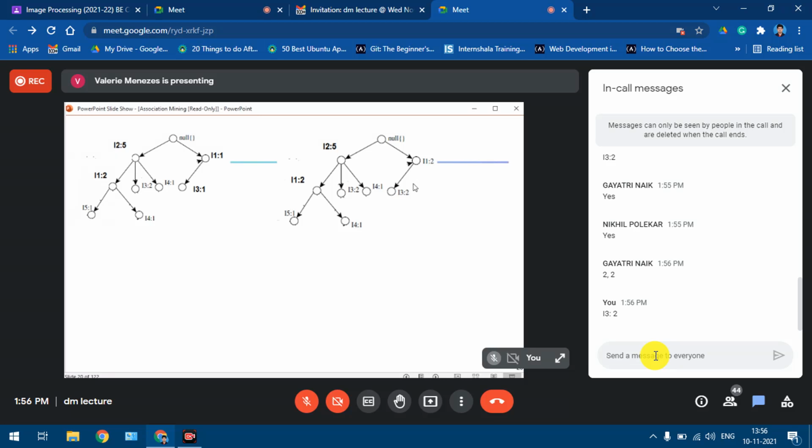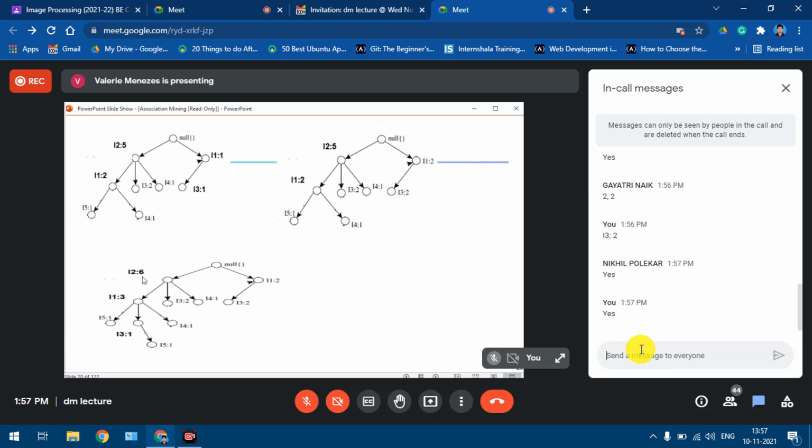Then the next one we have is I2, I1, I3, I5. So now do we have the branch I2, I1? So from that branch, we will create a branch for I3, I5.